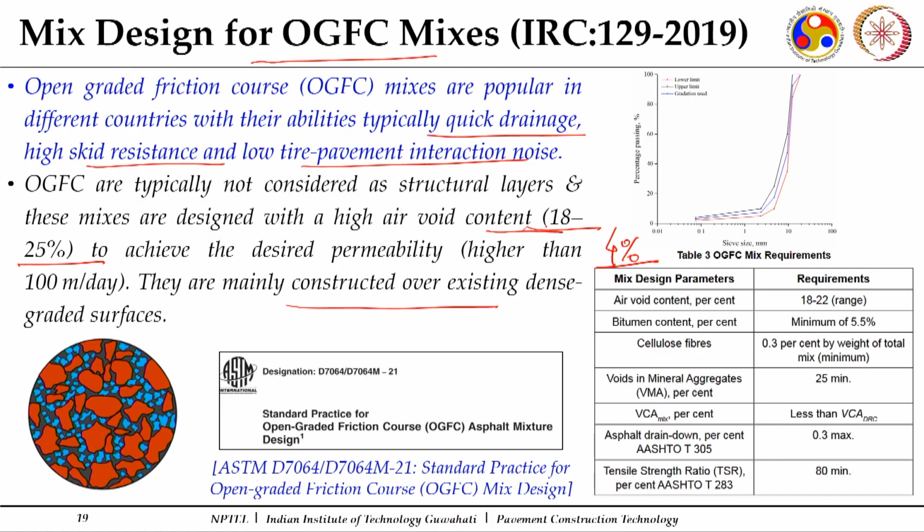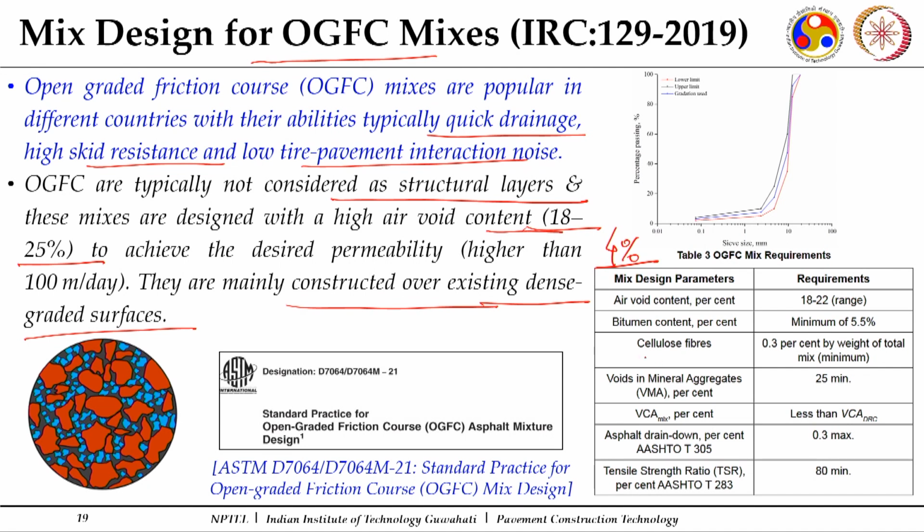And when these mixes are designed at these higher air void contents specifically to allow water to flow within these mixes, in most of the cases they are not considered as structural layers, they are considered as a drainage layer of thickness 1 to 2 inches, and the water flows within them. They are constructed over existing dense graded surface, so that water does not enter the below layers, it travels within that layer and moves out from the edges.